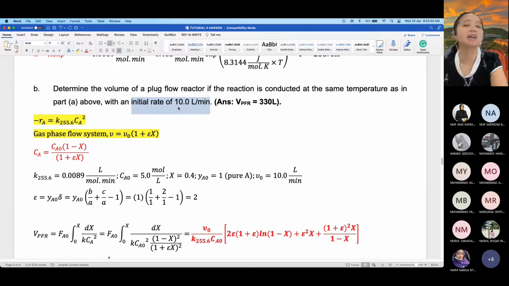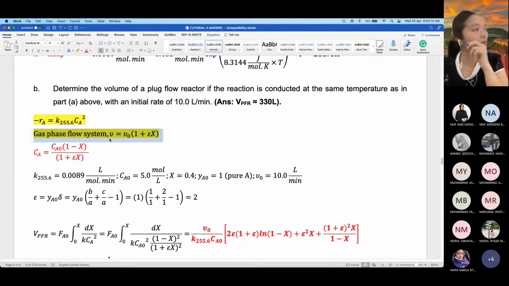Okay, kita dah belajar kenapa dia tak equal, sebab for gas, the volumetric flow rate is influenced by the reaction, temperature change and pressure change. And that we know the correlation. The equation is given as following. Kalau gas phase, flow reactor, PFR or CSTR, outlet volumetric flow rate equals inlet volumetric flow rate times (1 plus epsilon X).